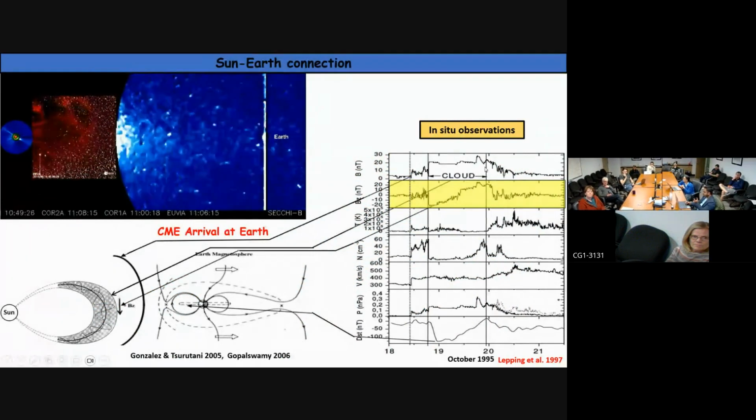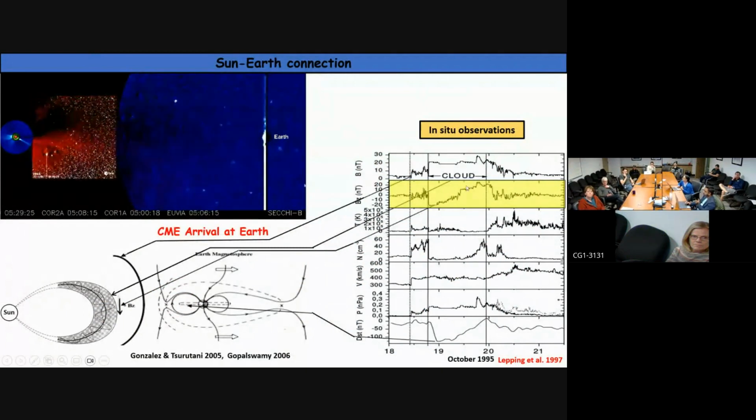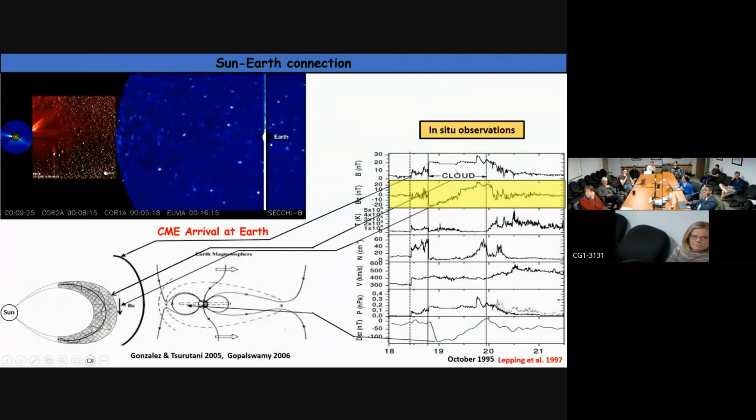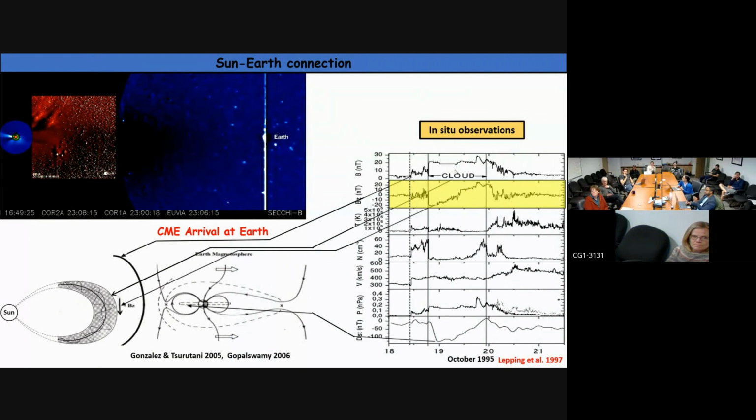Here is an example of those observations, where you can see this particular cavity-like structure has a higher field strength as compared to the background solar wind. The region bounded by these vertical solid lines is basically the magnetic flux rope that we observe in situ.